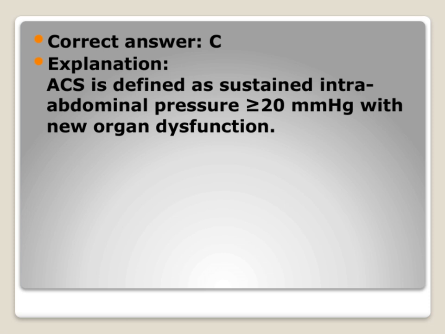So, it's not just about the pressure itself, but the fact that this elevated pressure starts to impair the function of organs within the abdomen or even systemically. Recognizing this threshold is crucial because it helps us identify when intra-abdominal pressure becomes a serious problem that needs intervention. This concept ties into our overall discussion about managing critically ill patients and the importance of monitoring intra-abdominal pressures carefully to prevent organ failure.